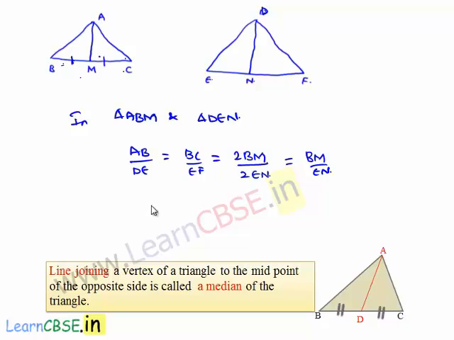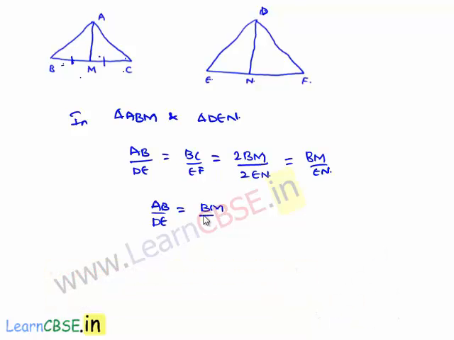From this we can write that AB by DE is equal to BM by EN.